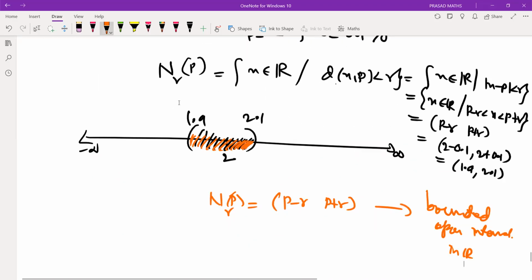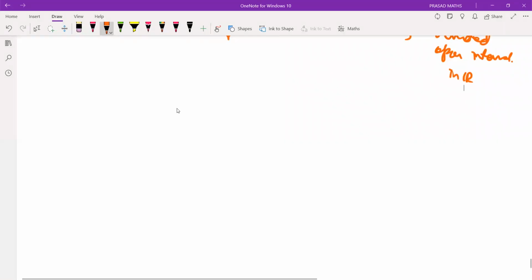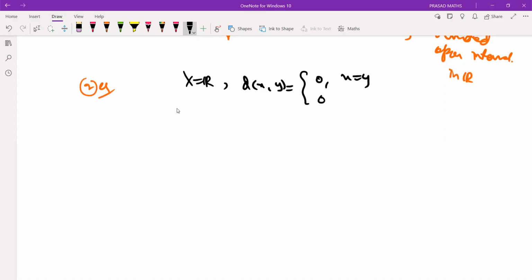So suppose I take X equals R, and suppose my metric is discrete. Suppose my point is the same, 2, and my R is 0.1.